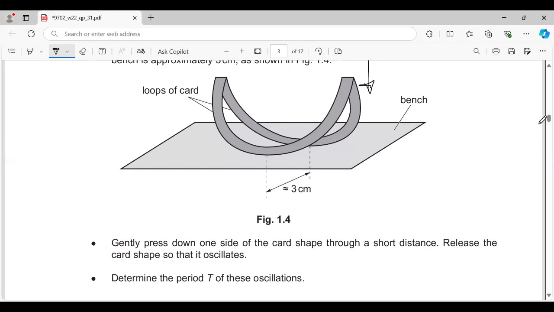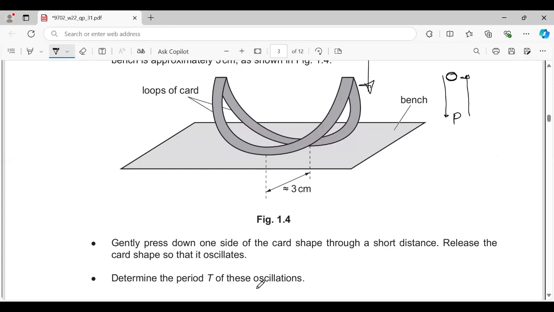So oscillations happen if, from these positions, for example from O to P, the first position is O, when we press down until P, and then it returns to the first position, P to O. That is one oscillation.